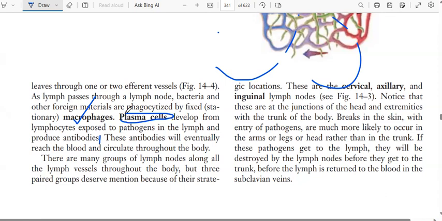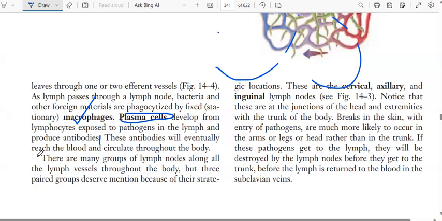According to the specific bacteria, you have to make a defense system. You have to make a fighter to fight with that pathogen: antibodies. Antibiotics fight against bacteria, and antibodies fight against pathogens.